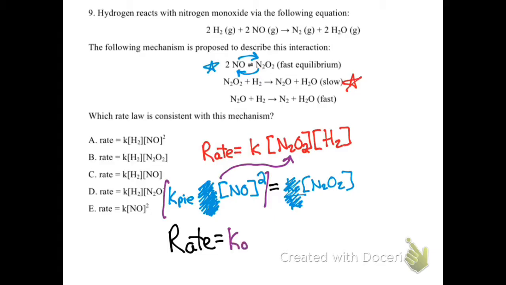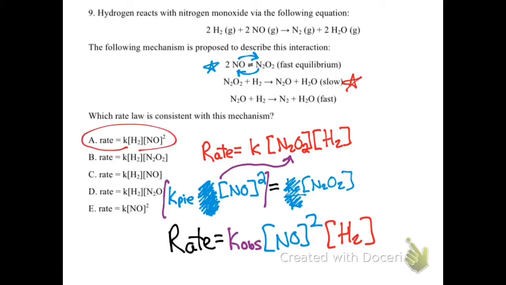Oftentimes you'll see it called K OBS for observed, but it doesn't matter. Our answers don't have the OBS here. And then the NO squared. So I'm going to write NO squared. And the H2 remains untouched. And now we have a good working rate law. So the answer is choice A.